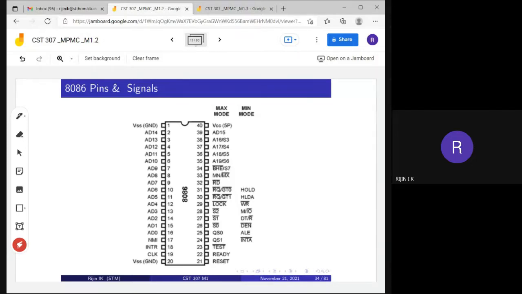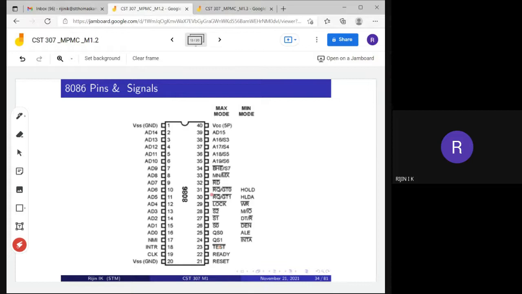The read pin indicates to the peripherals that the processor is performing a memory or IO read operation. So that is the read pin.